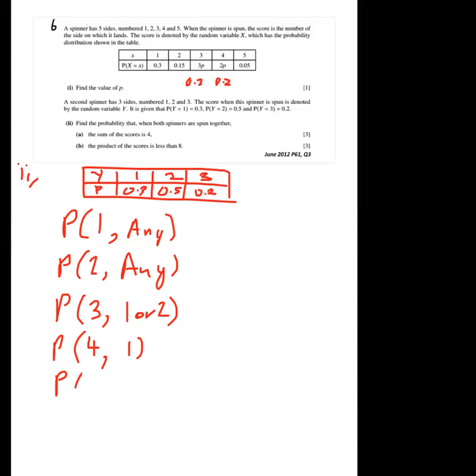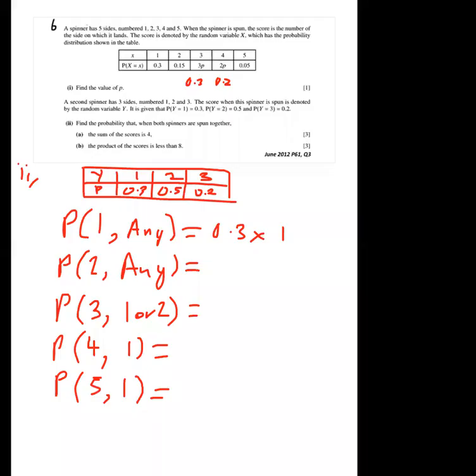Fourth possibility is, so that's 0.3 times 1. For the second one, there's 2 from x. So 2 from x is 0.15.